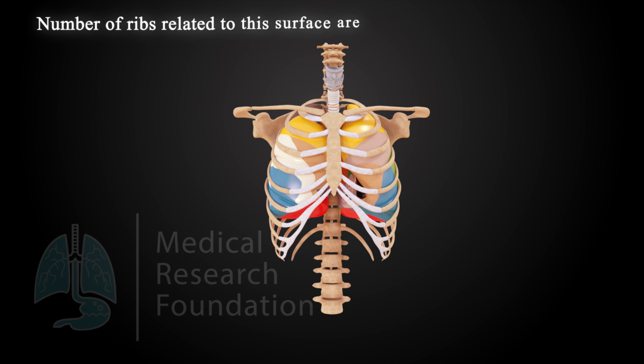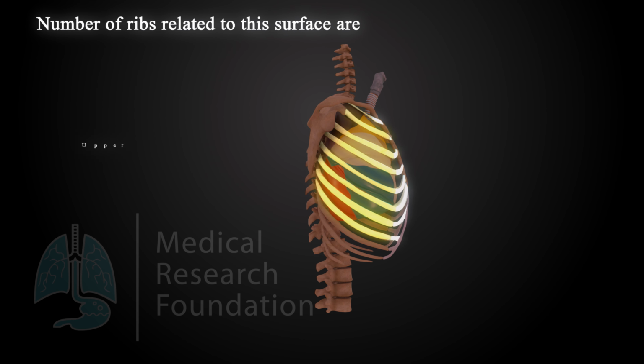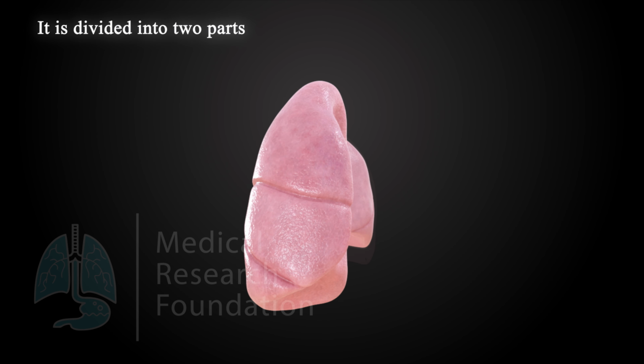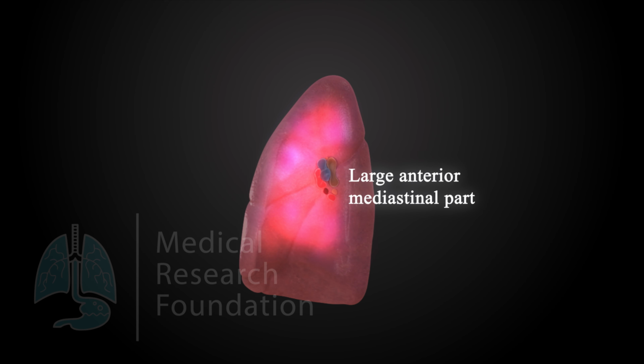The number of ribs related to this surface are upper 6 ribs in mid-clavicular line, upper 8 ribs in mid-axillary line. Medial surface. It is divided into 2 parts, small posterior vertebral part and large anterior mediastinal part.